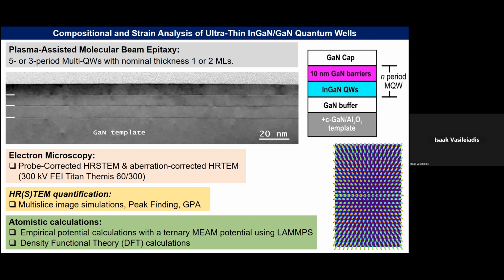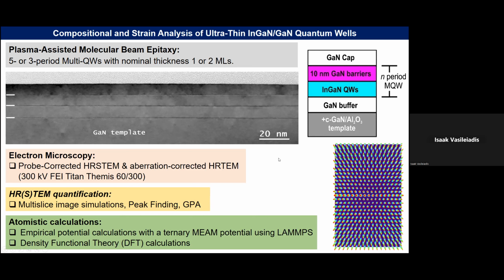You can see now what such wells are. We have here a high-resolution conventional TEM image that shows uniform and continuous quantum wells. These wells were grown by plasma-assisted molecular beam epitaxy, and they have periodicity 5 or 3.